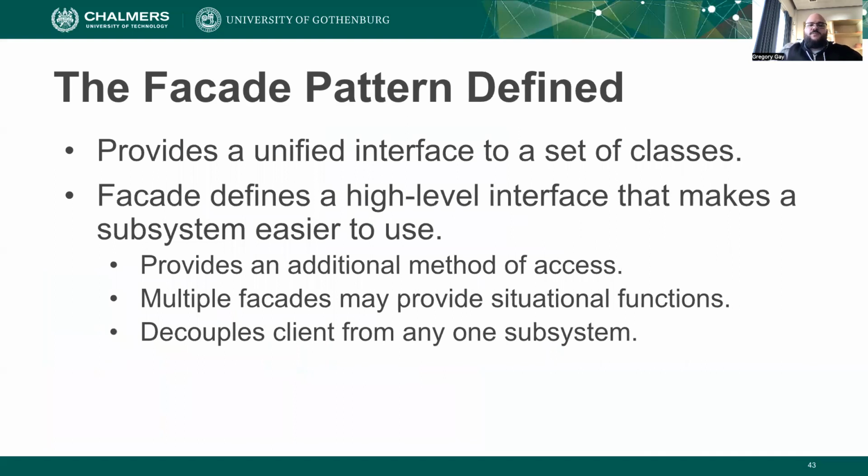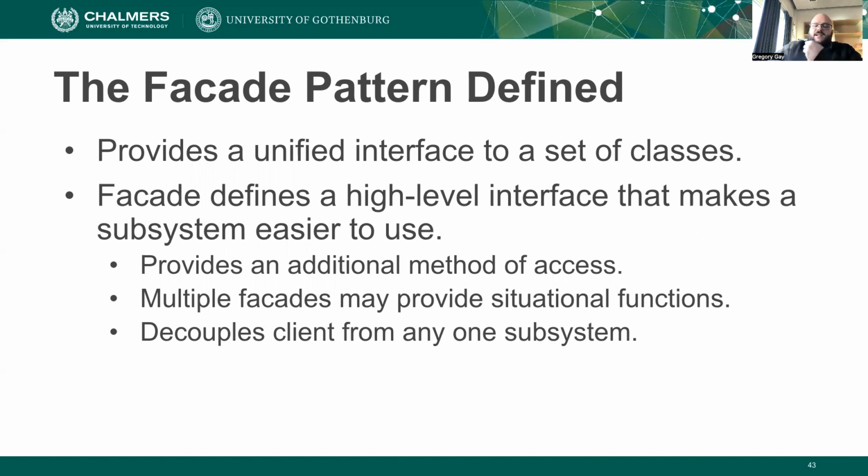So the facade pattern provides a unified interface to a set of classes in a subsystem. It defines a higher level interface that makes the subsystem, those collected set of classes, easier to use and interact with. There's no direct encapsulation going on here. Instead, we're actually just offering one more method of access, a simpler method of access. And that's a nice property of the facade pattern, actually. Rather than stripping this code out and throwing it somewhere where we can't really work with it closely, it's still there if we need it.